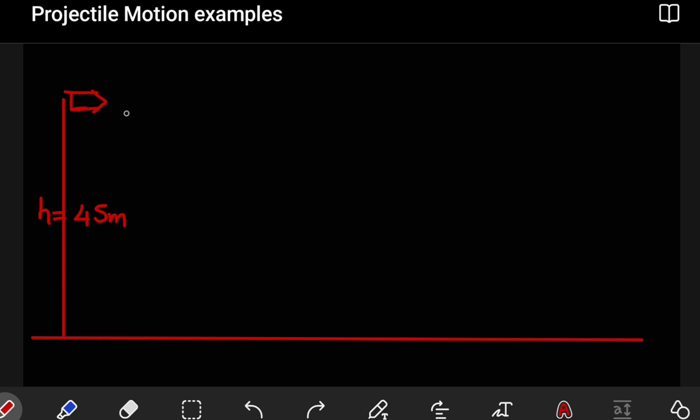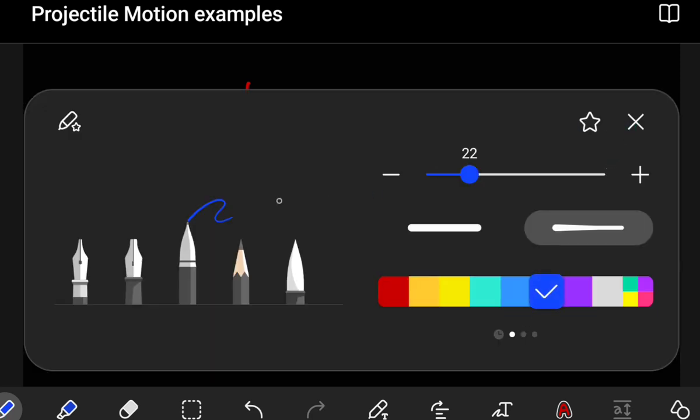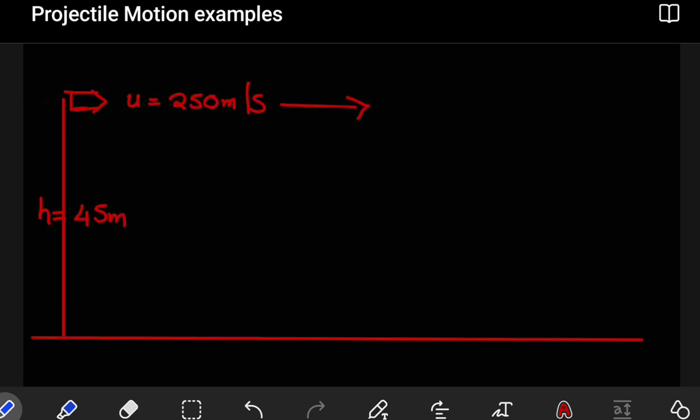And the gun is being fired, or the bullet is being fired horizontally with an initial velocity of 250 meters per second. So this is a horizontal velocity. So again, we're seeing a case where the vertical component initially is 0 because all the velocity was horizontal. So what we expect is that this being a projectile, it will be affected by gravity. So just like the other cases, we expect a trajectory that will be like this.